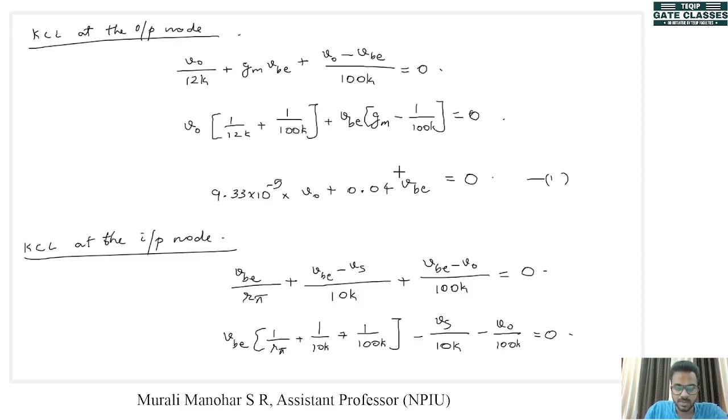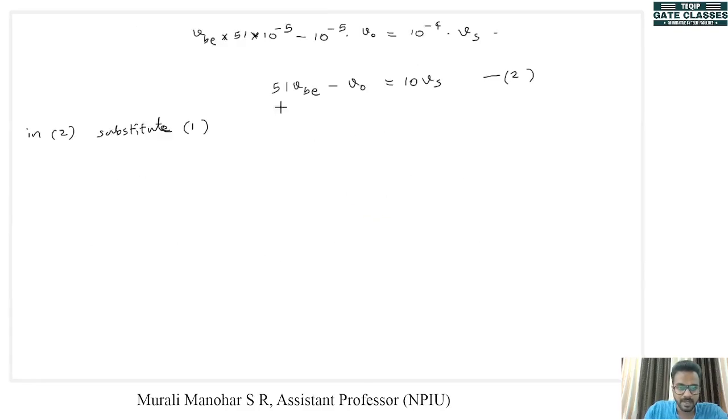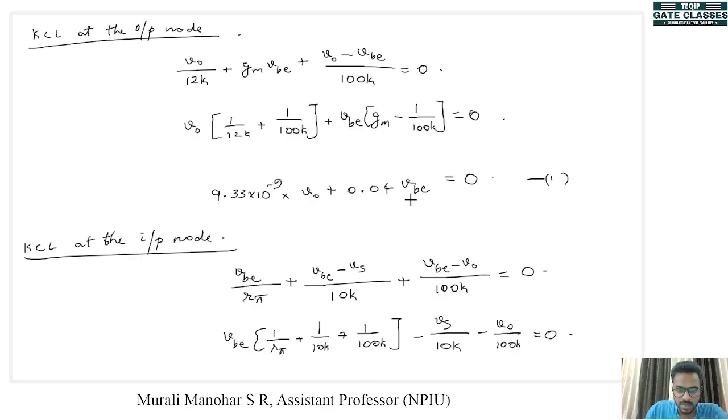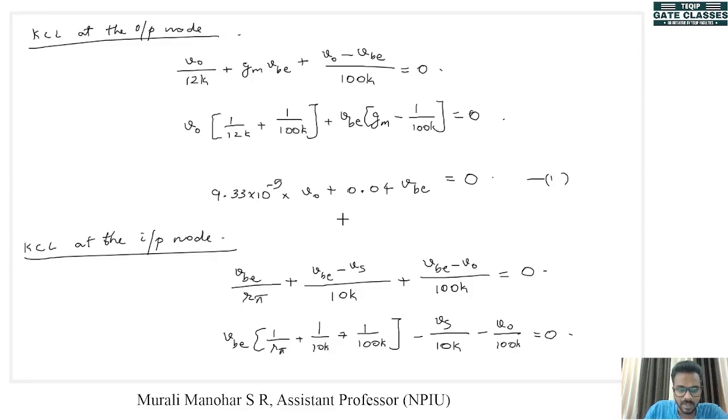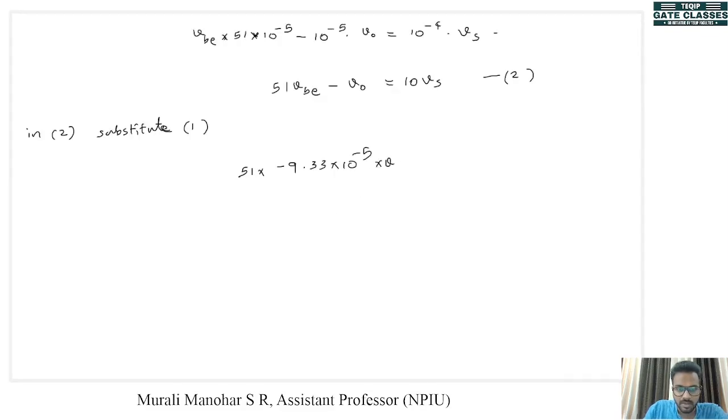From 1 we have VBE equal to minus 9.33 into 10 to the power minus 5 into V out divided by 0.04, right? So in this equation we can write 51 into minus 9.33 into 10 to the power minus 5 into V out divided by 0.04, minus V out equal to 10 into Vs. Now we can reduce this.